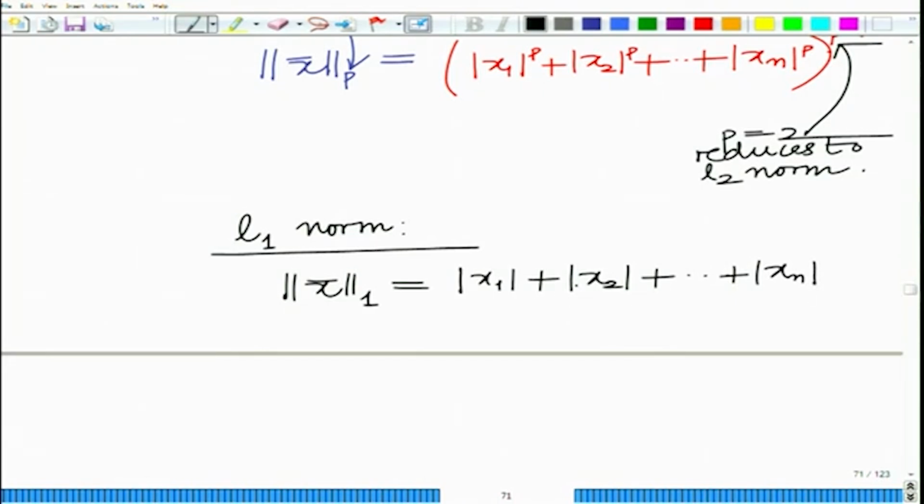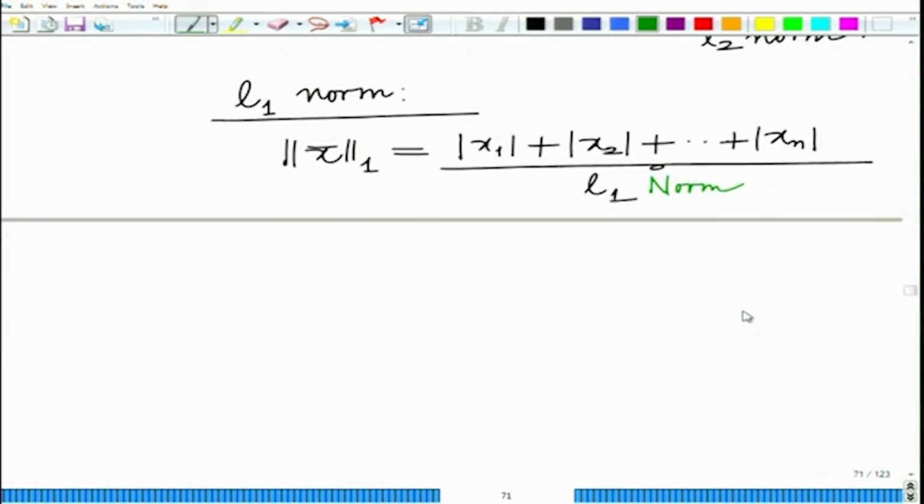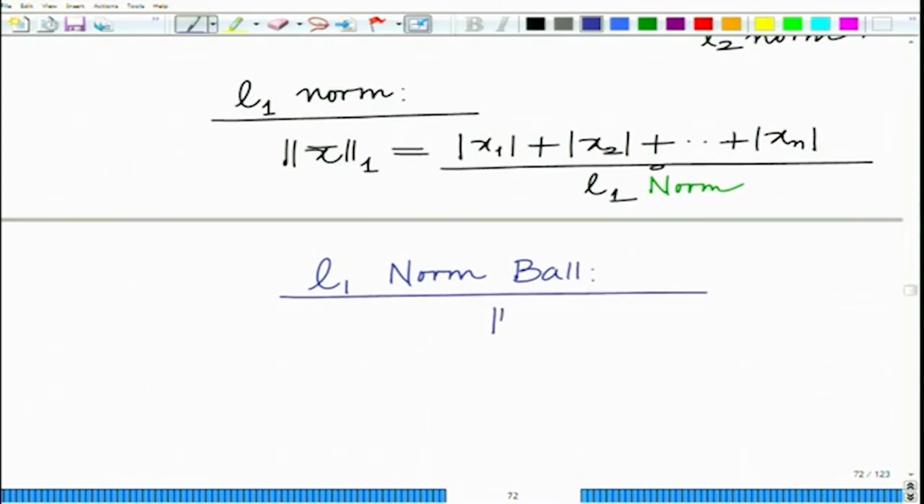So, this is simply magnitude x1 plus so on up to magnitude xn. This is the L1 norm. And the L1 norm sphere or the L1 norm ball is given by norm x bar of 1 less than or equal to 1.